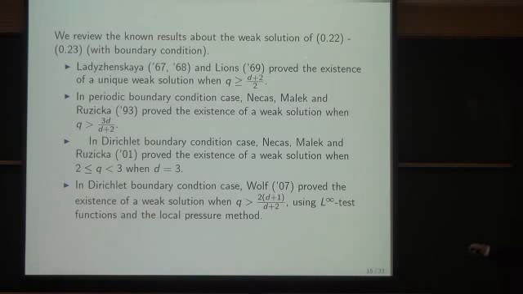D is, of course, the space dimension. And in the periodic boundary condition case, that is, if one considers the equation in the torus, since there is no boundary and the torus is compact, it is the easiest case.